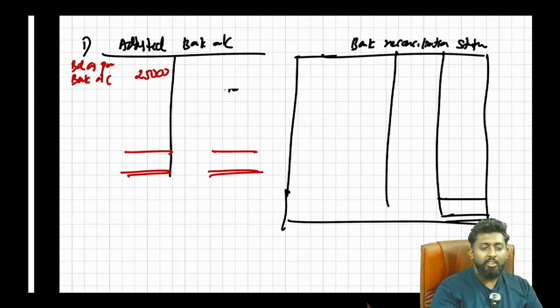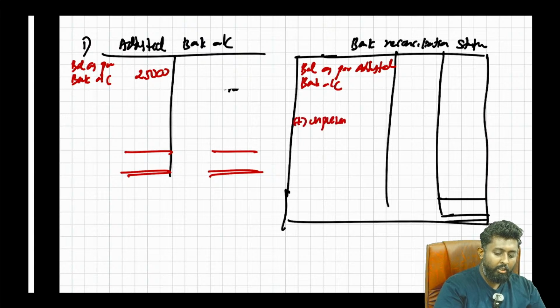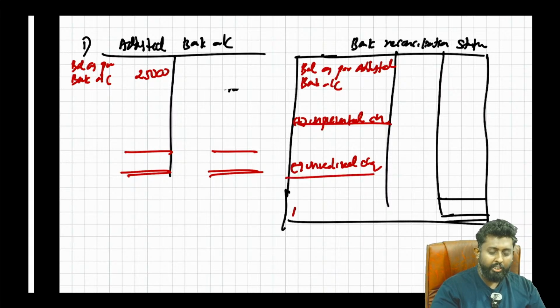Once we complete the adjusted bank account, we have to record this balance here. What do we call it? The balance as per adjusted bank account. We have to add any unpresented check, we have to minus any unrealized checks, right?